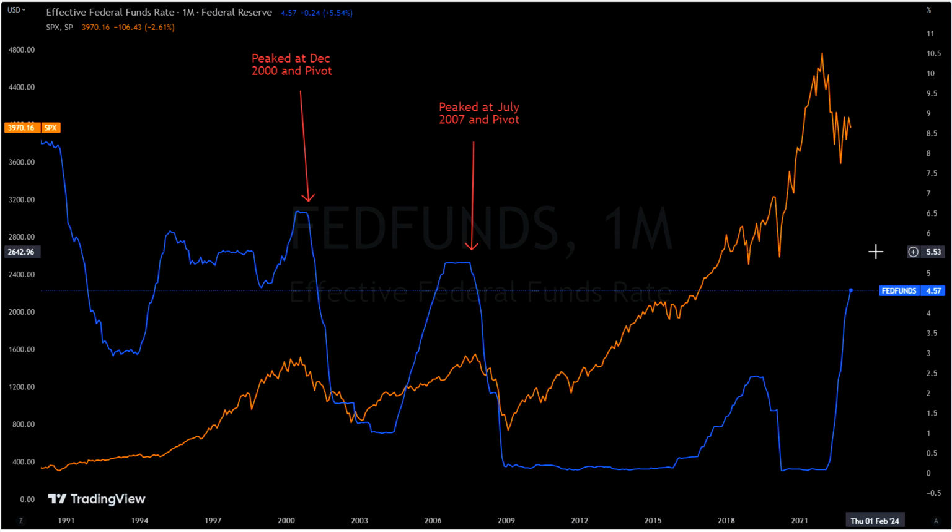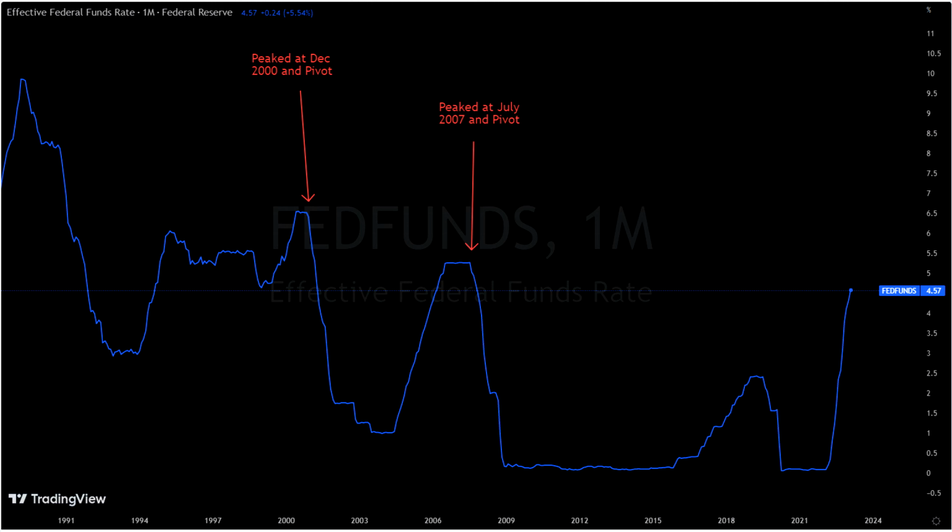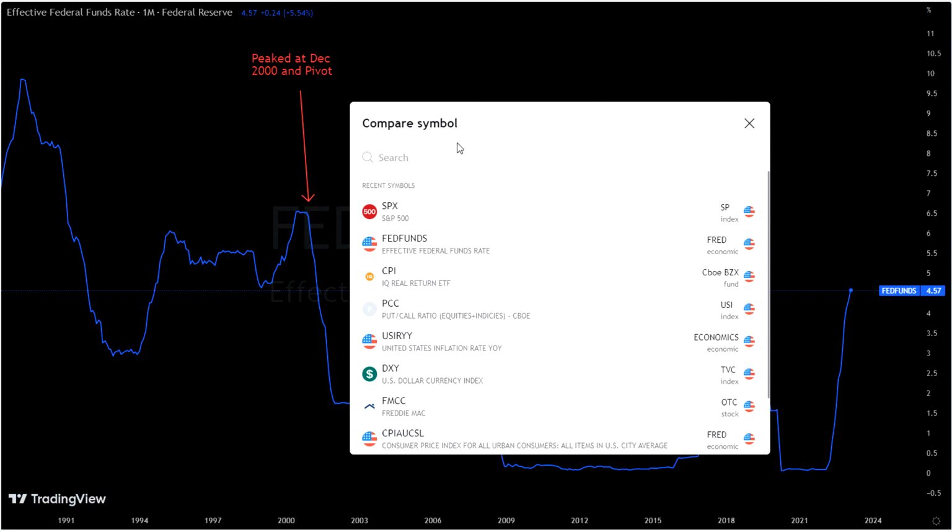And also for the time horizon, we can see this is a top formation for the interest rate. And every single time the interest rate goes up, bonds just smash to the downside. So I'm going to close this S&P chart here and bring up the TLT. So here, let's add TLT.